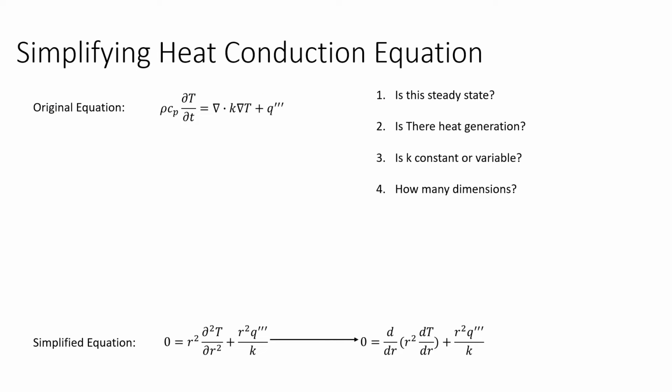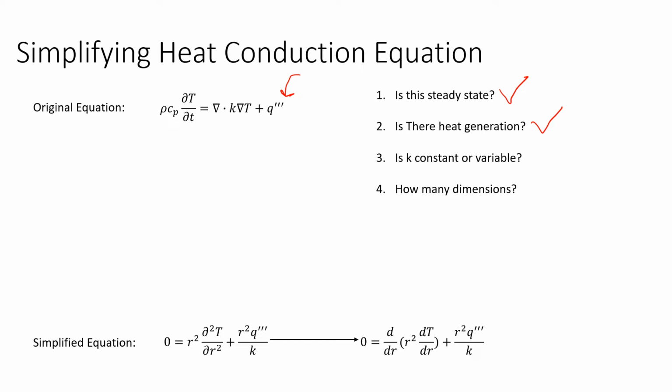The next thing we need to do is write down our heat conduction equation. Our original equation shows the heat conduction equation, and we want to simplify it to get to the equation on the bottom. To do that, we have to ask ourselves 4 questions. First, is this steady state? Yes, we are told that it is steady state, which means we will cross out this term to be 0. Is there heat generation? Yes, that would be q triple prime.